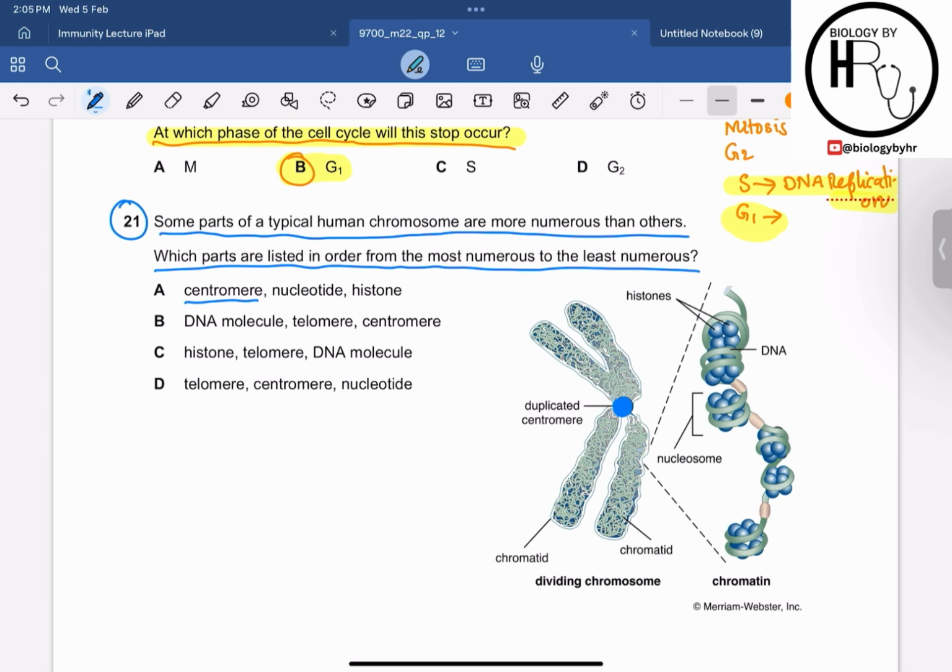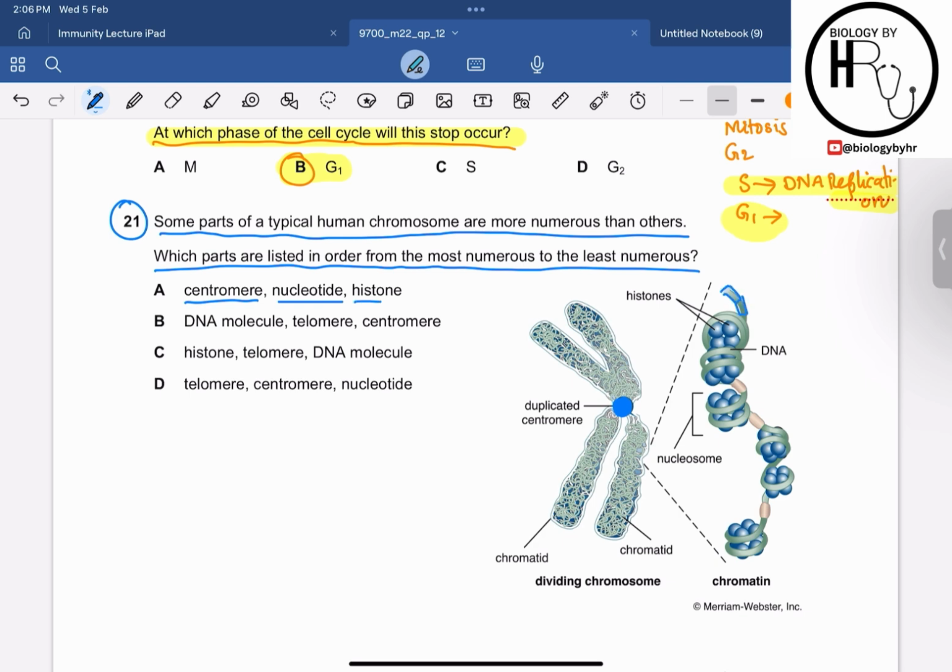And then the nucleotides are basically the units from which the DNA is made. DNA is made from the nitrogenous bases, so the nucleotide is basically the building block of the DNA.